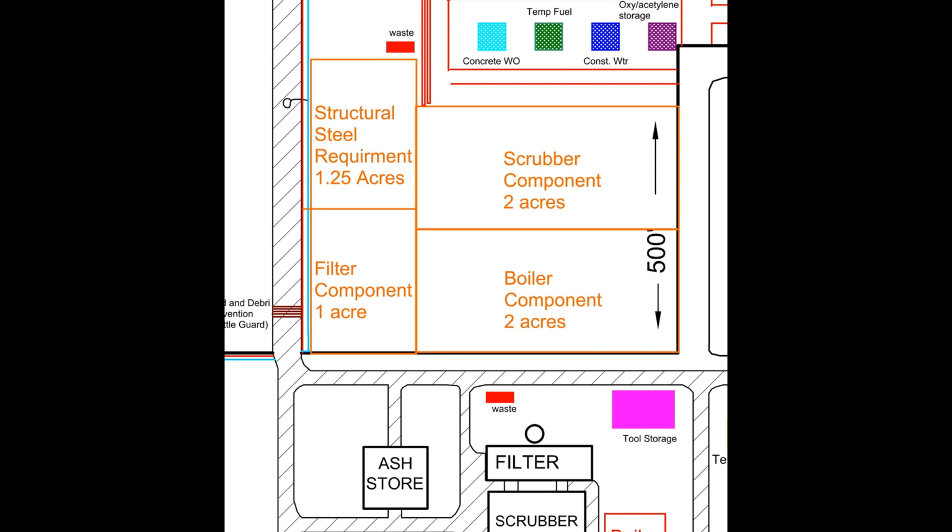And up in the orange writing again, we have our scrubber component lay down. It's another 2 acres. And then next to that, there's also the filter components, which is a 1 acre plot of land. The reason we put those all together is that's where all of our material and layout's going to be.